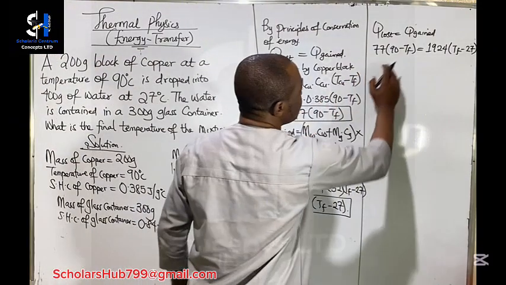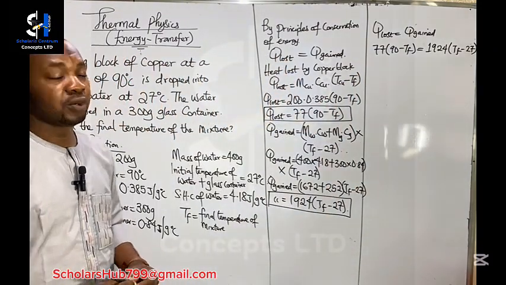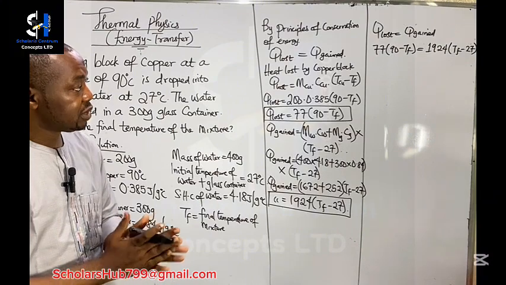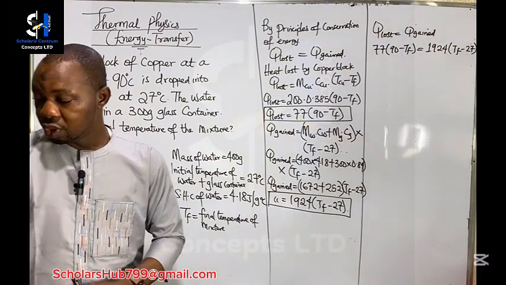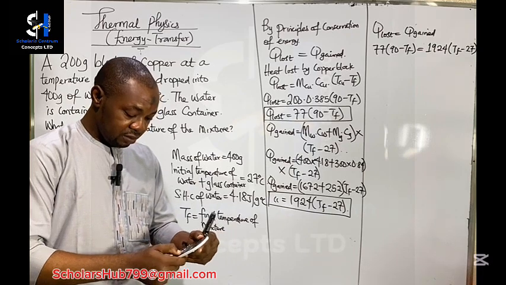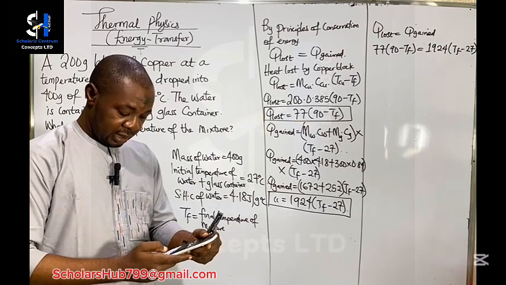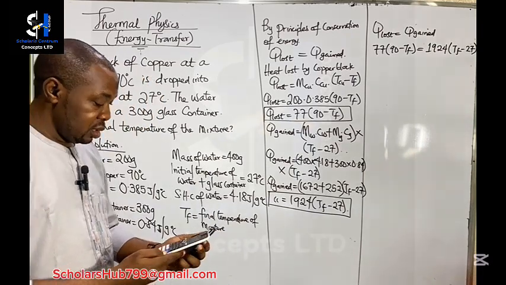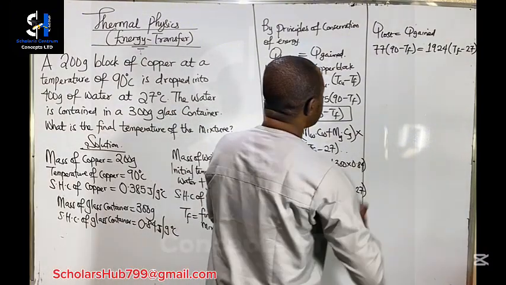All right, so we're going to remove the parentheses on both sides using the distributive property, and then we can combine like terms. So we have 77 multiplied by 90, that will be 6930.